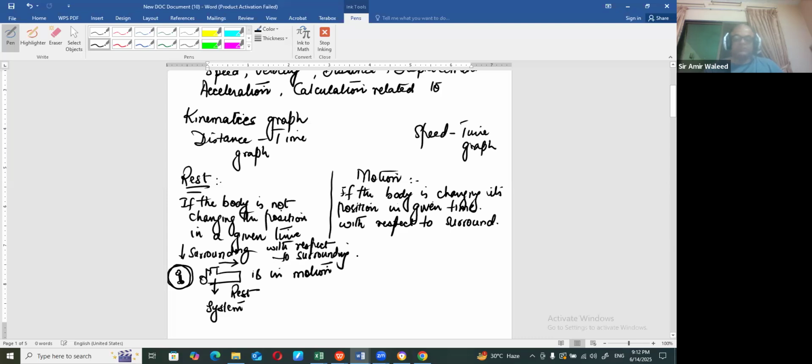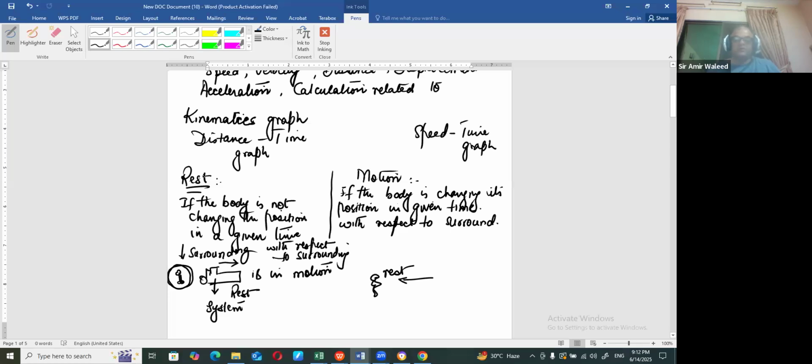I'll give you another example. For example, if I am standing here on the road, if some person sees me, my state is rest. But if somebody sees me from the moon, because Earth is moving, he will say that I am in the state of motion. So basically, they are interrelated definitions for both rest and motion.